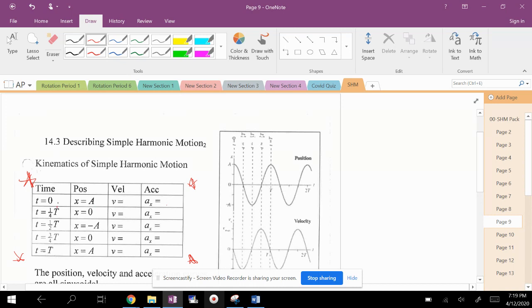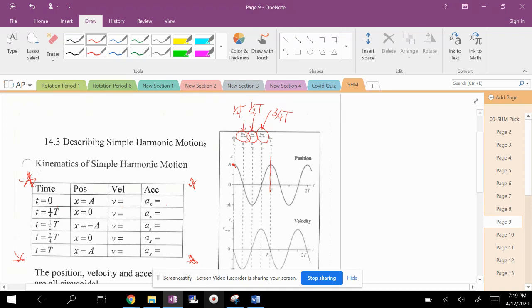So if at time equals 0, this is your position time graph. Okay. This is your period right here. So this is when it starts to repeat itself. So this is 1/4 times T. This is 1/2 times T. This is 3/4. You can't really see those fractions. So this is 1/4, 1/2, 3/4, the period.